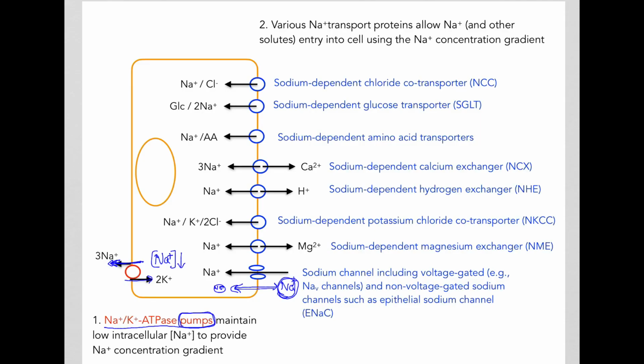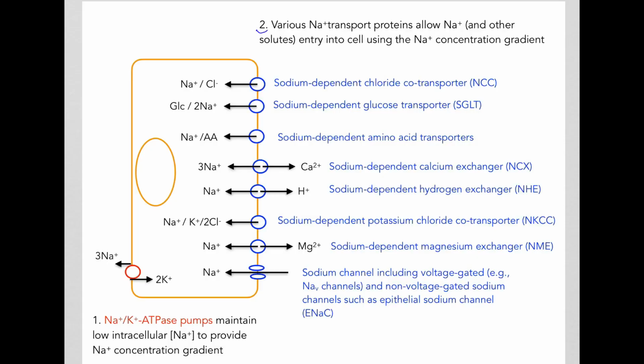So this creates a sodium gradient across the plasma membrane, where the sodium concentration inside the cell is very low while the sodium concentration outside the cell is very high. So this is what the sodium-potassium pumps do using energy. They create a sodium gradient across the plasma membrane of the cell.